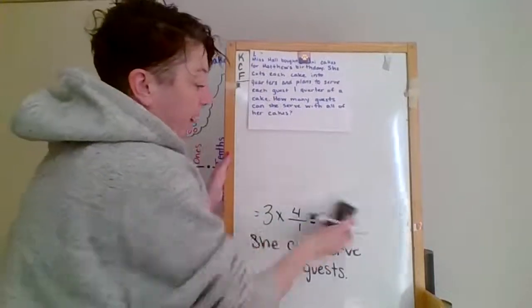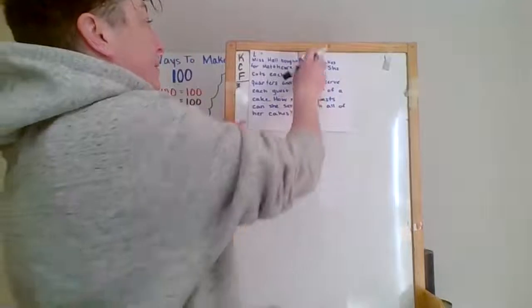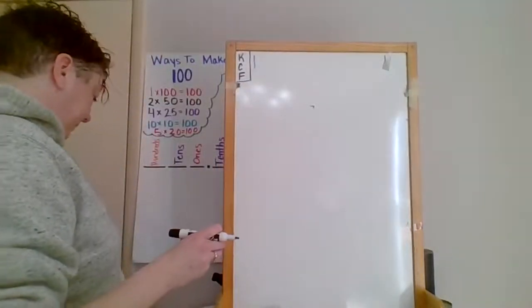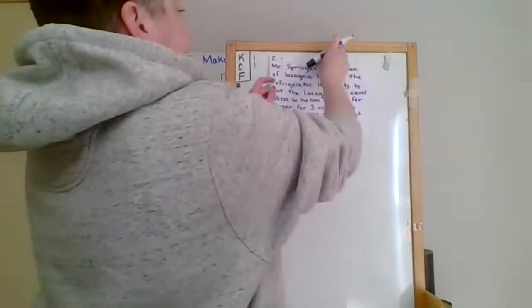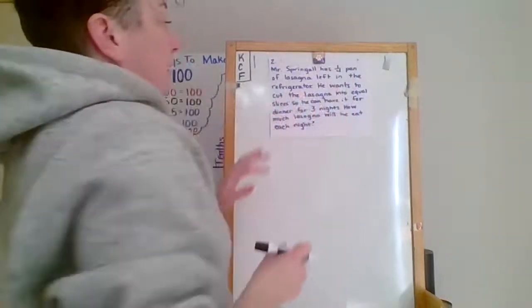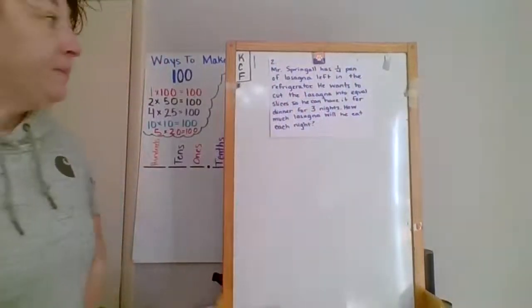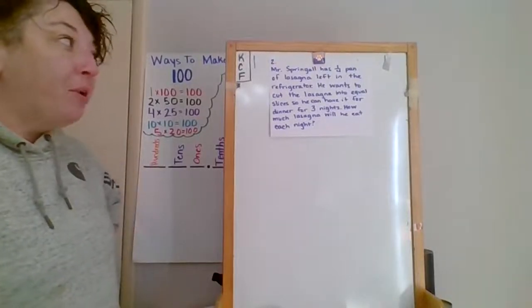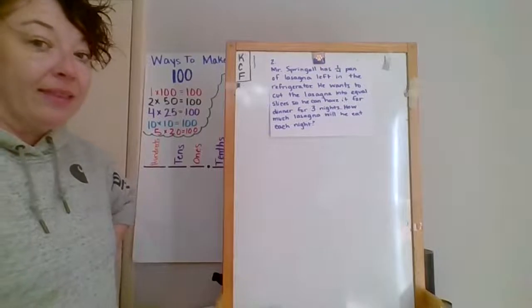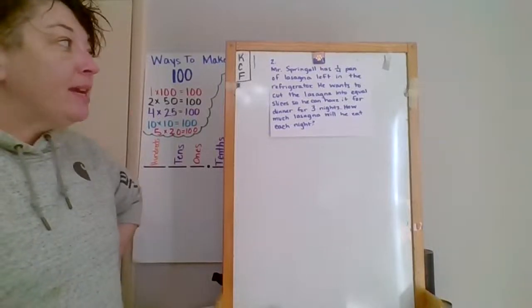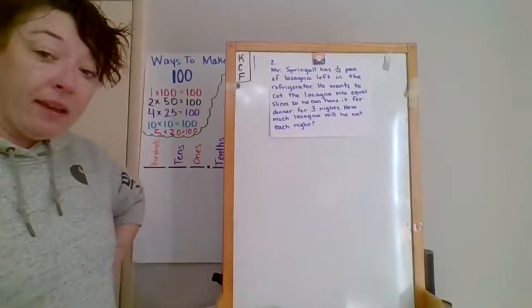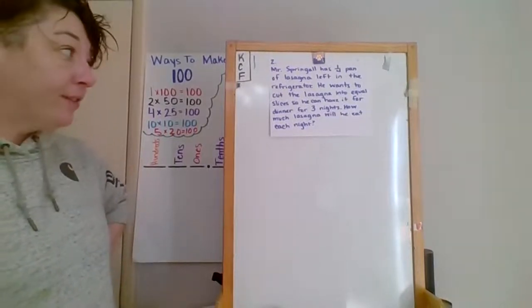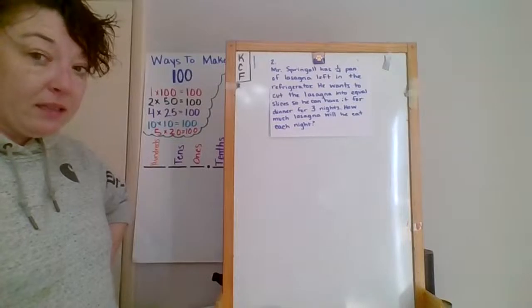You start reading problem number 2 while I get ready. So Mr. Springall has 1/4 pan of lasagna left in the refrigerator. He wants to cut the lasagna into equal slices so he can have it for dinner for 3 nights.